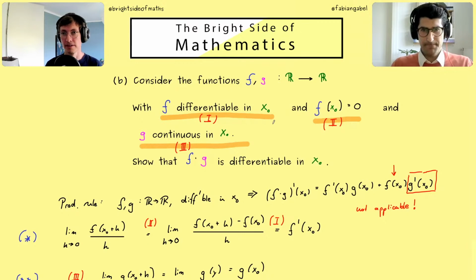No, very nice. In some sense, the differentiability of f is already enough to make f times g smooth enough at the given point. And then you can also calculate the derivative at this point. Very nice. But you needed all the ingredients here.